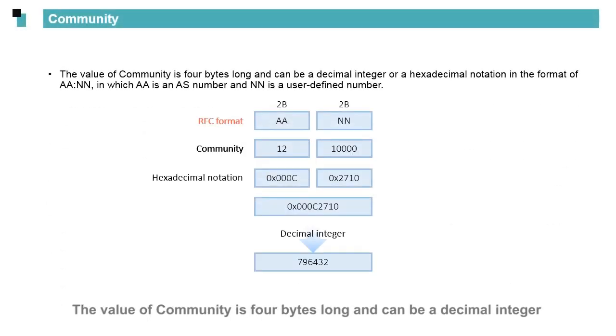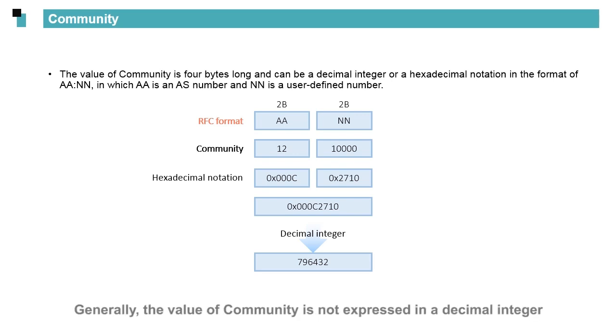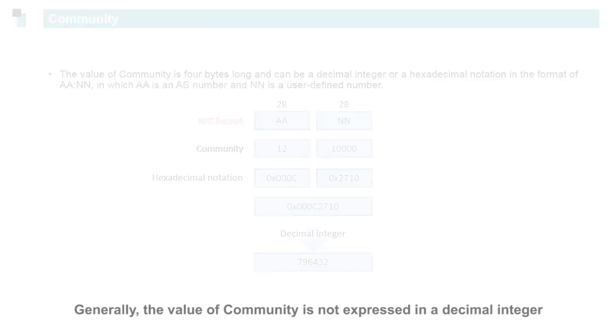The value of community is 4 bytes long and can be a decimal integer or hexadecimal notation in the format of AA:NN, in which AA is an AS number and NN is a user-defined number. The figure shows the conversion method. Generally, the value of community is not expressed as a decimal integer.